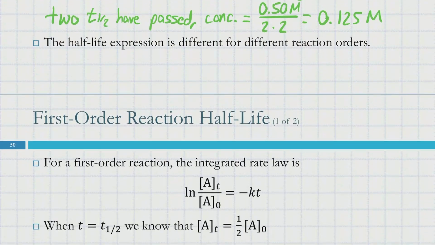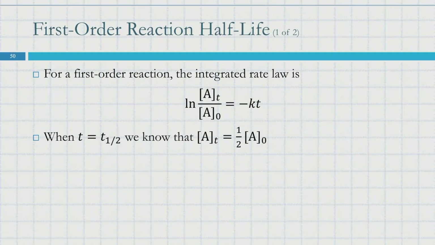All right, our first order reaction half-life. Our integrated rate law, this is the other form, not the one that we were using before. When time is equal to T 1/2, we know this about our equation, that the concentration is going to be 1/2 of our initial concentration.